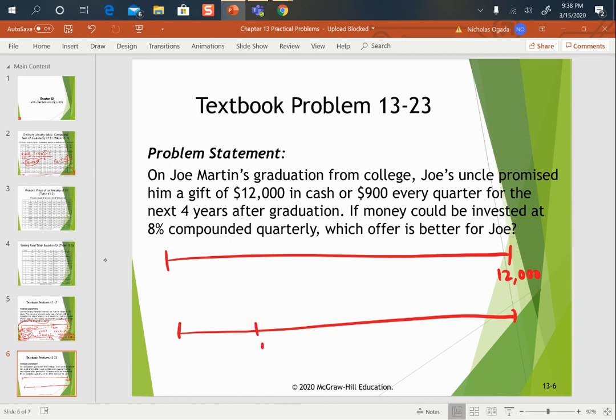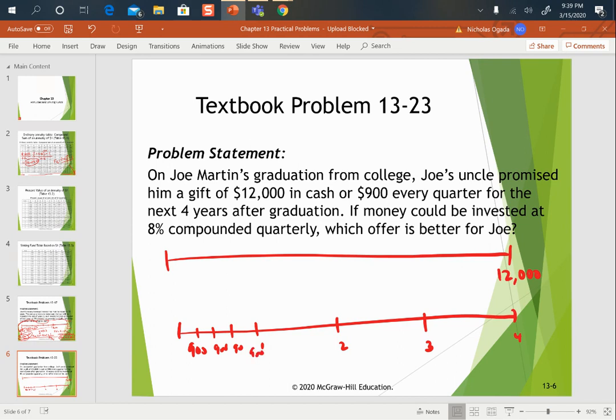So year one, year two, year three, and year four, but every quarter you get 900, 900, 900, and 900.